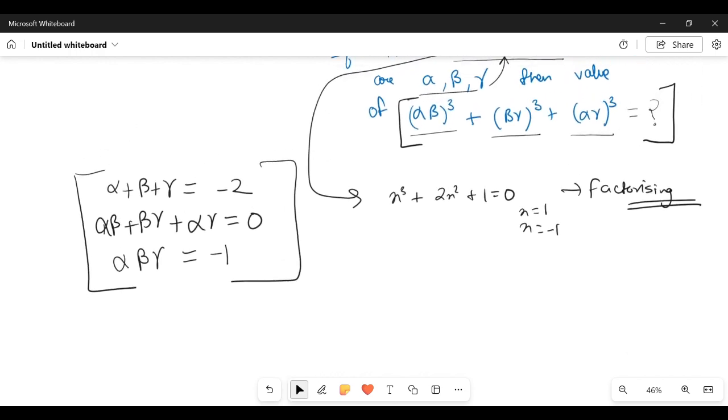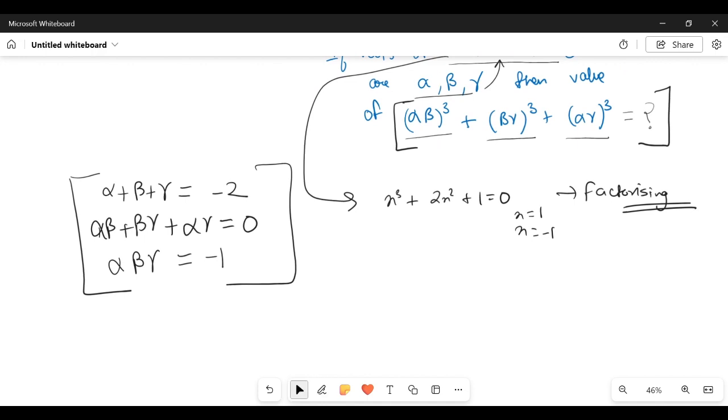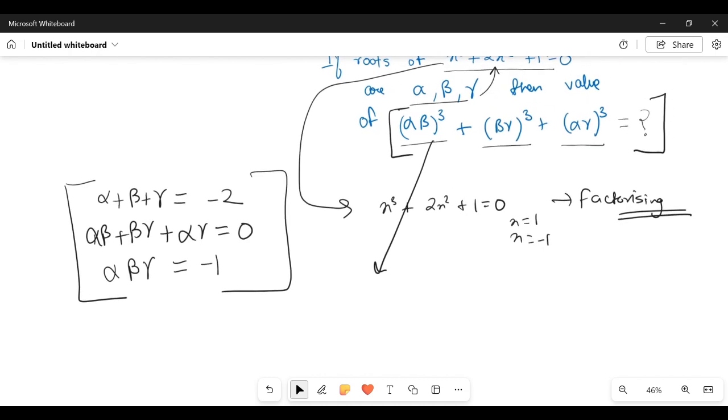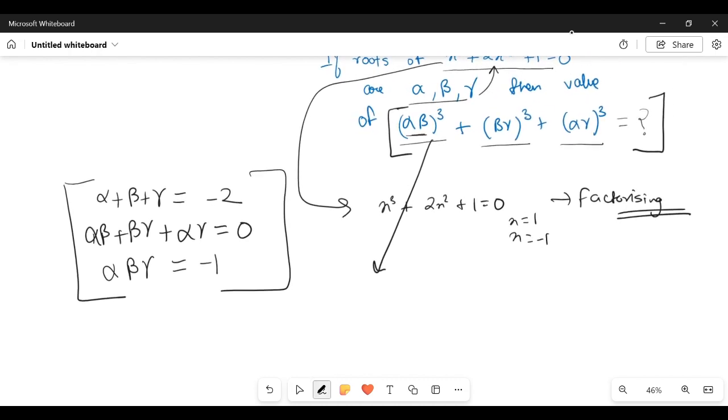These three things we know from this equation itself. So from here we would try to reach this. Let's think about what we can do. We have alpha beta the whole cube plus beta gamma the whole cube plus alpha gamma the whole cube; the face values of this are similar to these things, right?